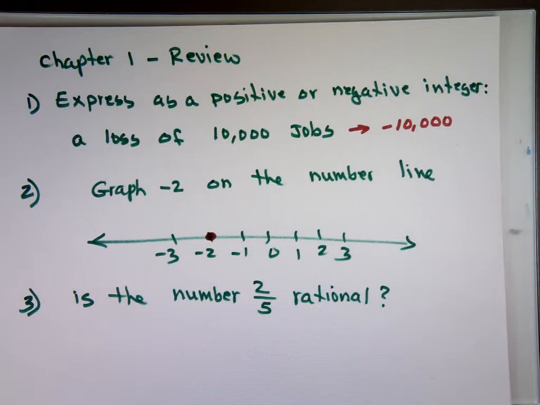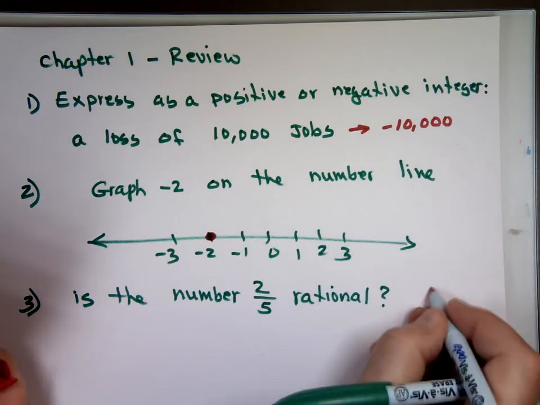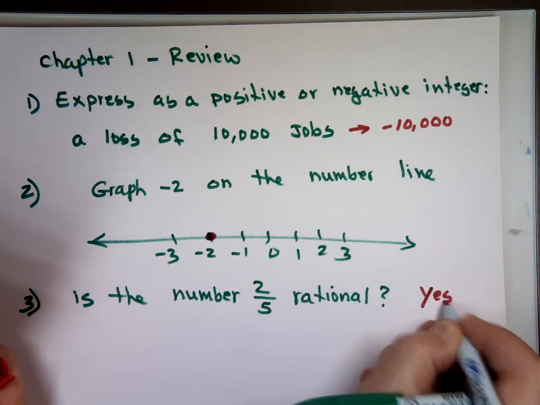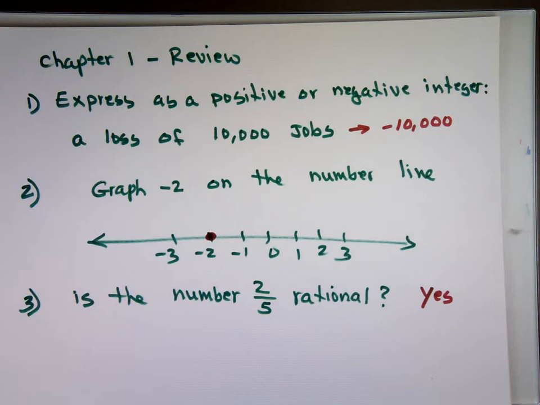What's a rational number? A rational number is any number that you can write as a fraction. Is this a fraction? That's a rational number. A over B, as long as the bottom is not 0, because you can't divide by 0.